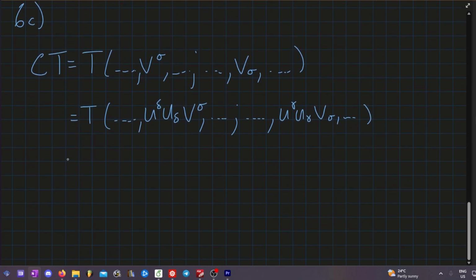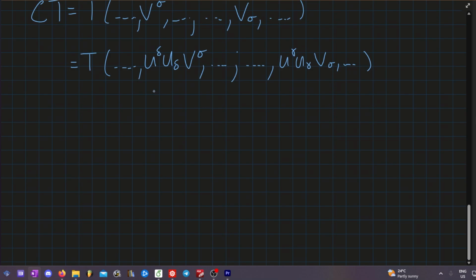Okay, now thanks to the linearity of the tensor map, we are able to pull vectors out of these slots here. So let's go ahead and take out v sigma both up and down to begin with. And then we'll pull out u lower delta and u upper gamma. And so doing this leaves u upper delta here, and u lower gamma here.